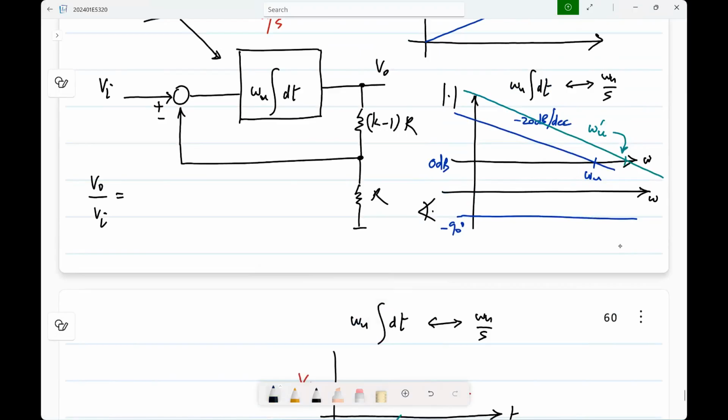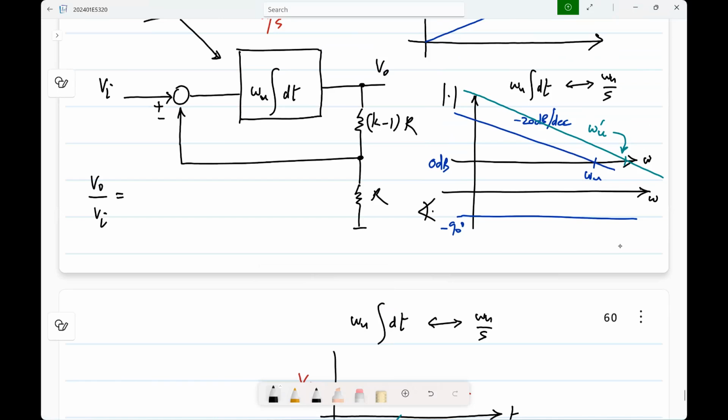If not, just calculate and see. Yeah, many ways to do it. Again, you have done control systems, right? Or you're doing it now?